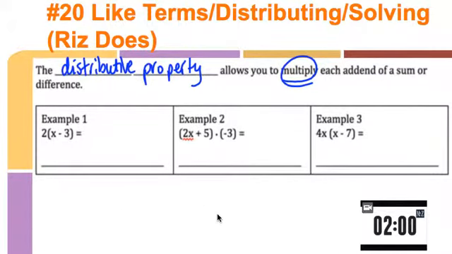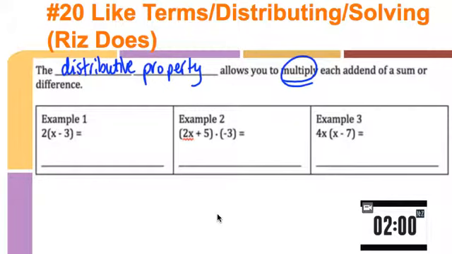Okay, so let's look at example 1. So this says 2 parentheses x minus 3. So that means 2 is going to multiply the quantity of x minus 3. So what I can do here is multiply the 2 by the x and then multiply the 2 by the negative 3. I'm going to make this absolutely clear and actually write that out.